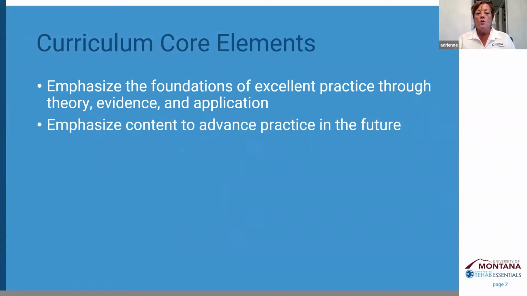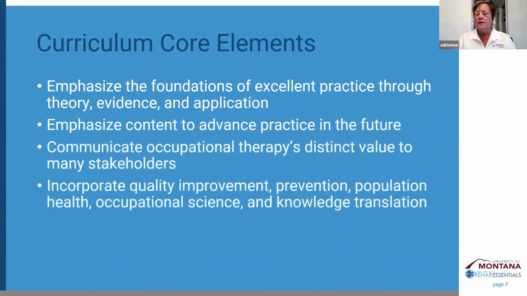There are some core curriculum elements that we thought about and infused in the curriculum while we were developing it. There is an emphasis on the foundations of excellent practice through theory and evidence, and applying both theory and evidence in all of the assignments and practical application of all of those ideas throughout the curriculum.